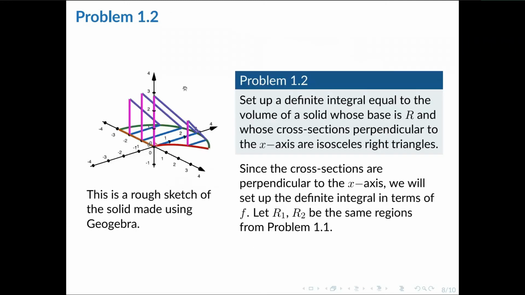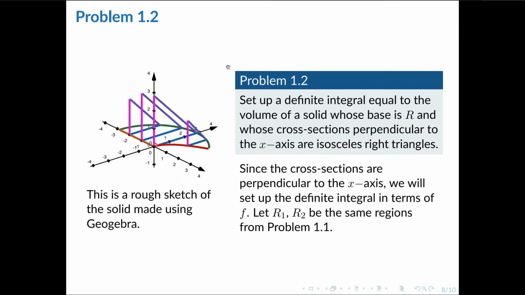So for problem 1.2, set up a definite integral equal to the volume of a solid whose base is R and whose cross-sections perpendicular to the x-axis are isosceles right triangles. So yung difference lang nito ay sa volume by slicing, yung usual yung ginagamit ay rectangular strips.